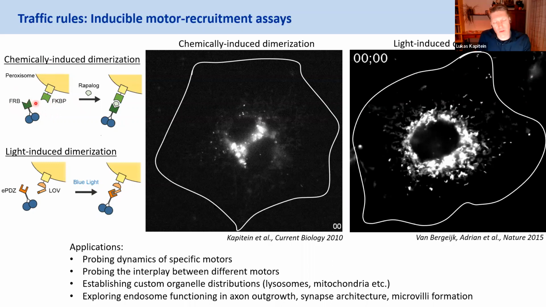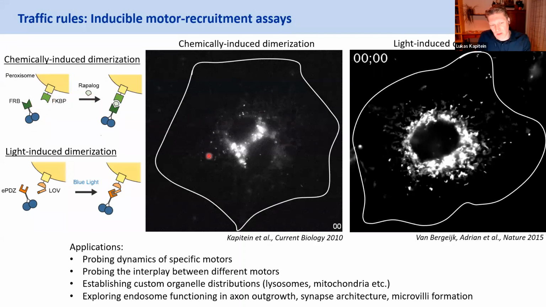These are two engineered protein domains that will bind together upon the addition of a small molecule called Rapalog. So we fuse one of these domains to a motor protein, of which we deleted the cargo binding domain. So these are constitutively active motors that will just walk, but they don't carry cargo. When we add Rapalog, we can recruit these motors to the cargo of interest. In this case, we use peroxisomes.